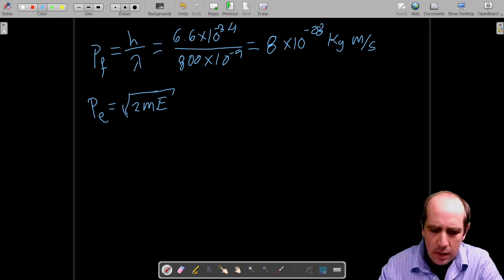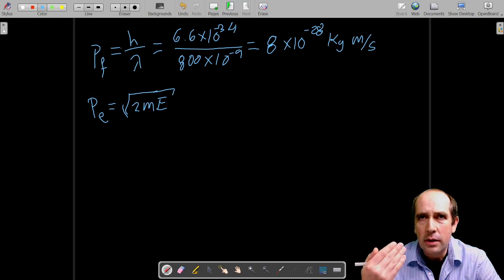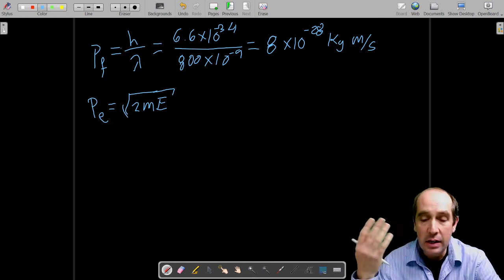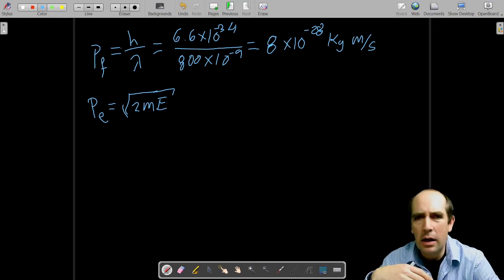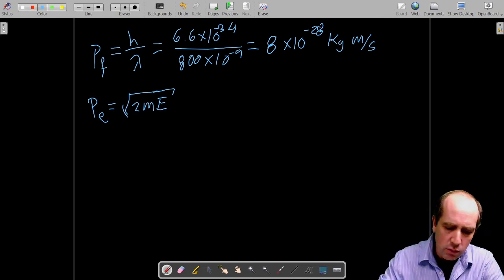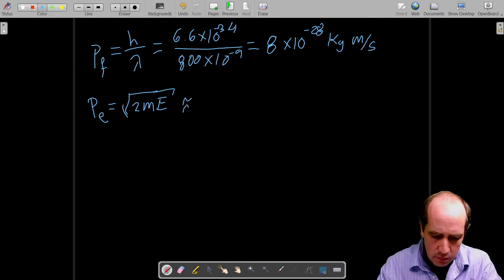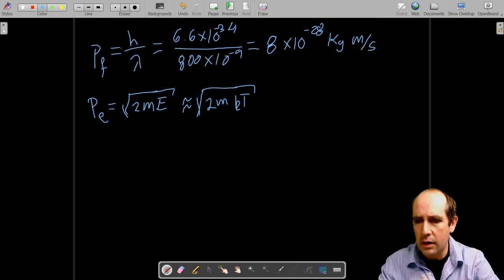The amount of energy that an electron typically has in a material at room temperature is proportional to kT. It could be 3/2 kT, depending on the degrees of freedom, but let's just say kT, since we're just looking for a rough approximation. So p is approximately the square root of 2mkT, where k is the Boltzmann constant and T is the temperature.